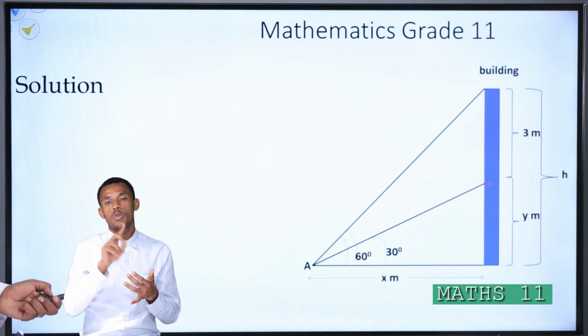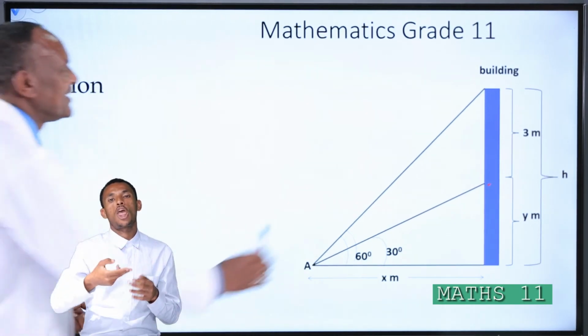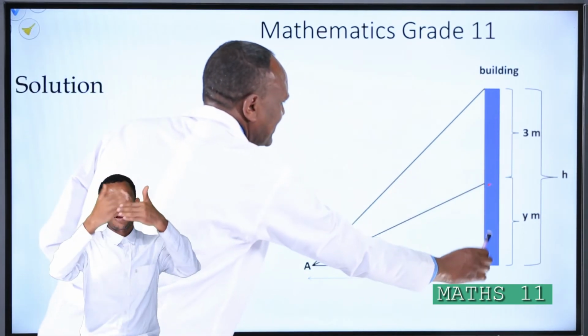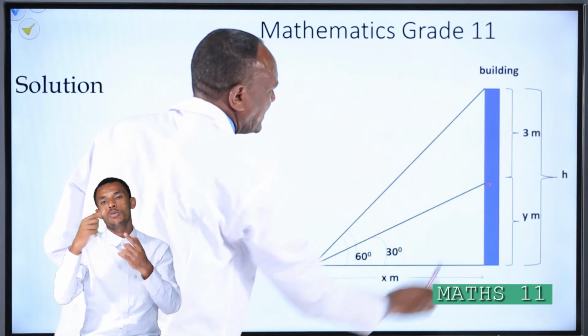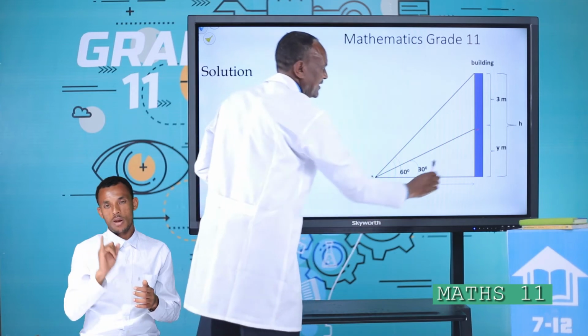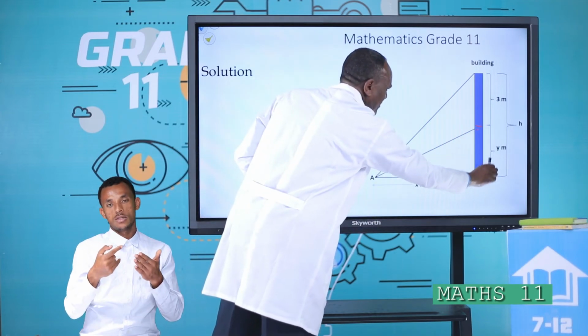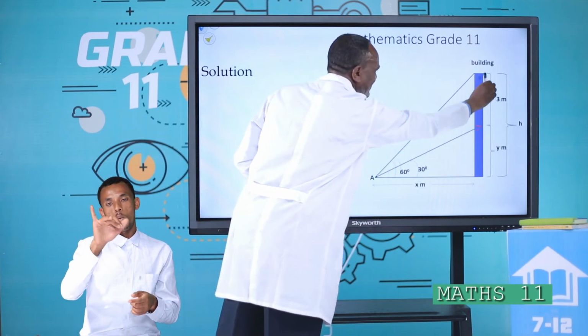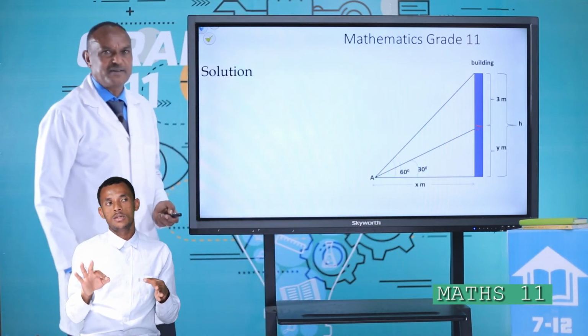Now what are you asked? You are asked the height of the building. This distance from this point up to this point is equal to 3 meters, because you are coming down 3 meters. If I assume this distance to be y meters, then y plus 3 gives the height of the building as a whole.